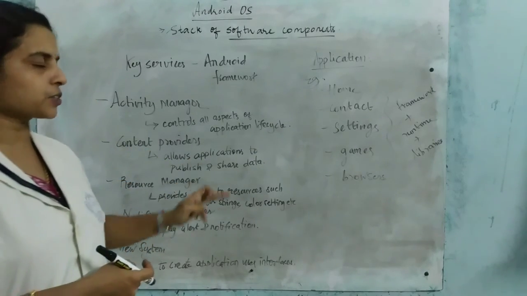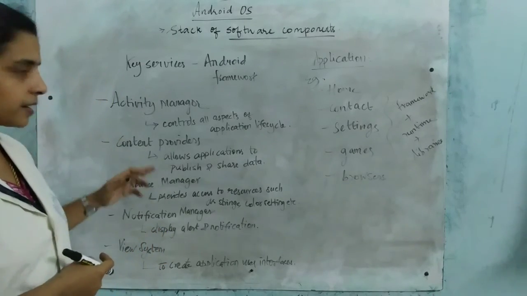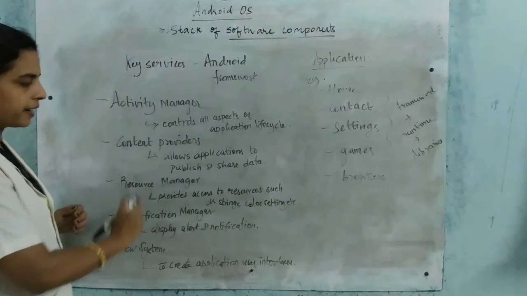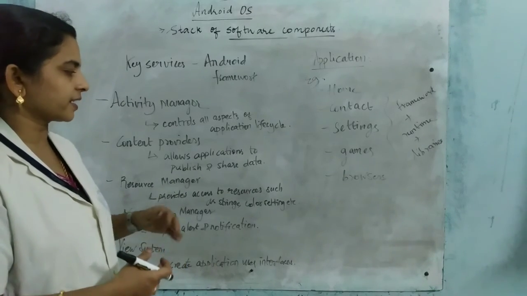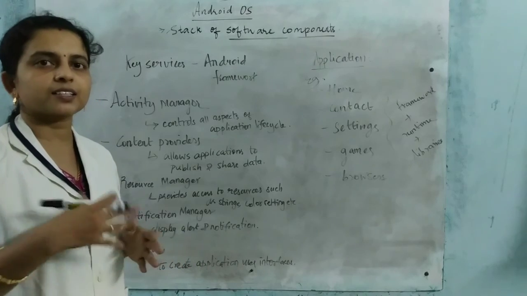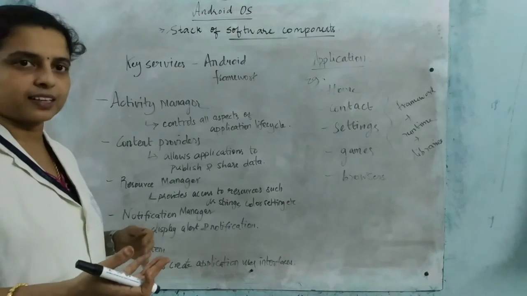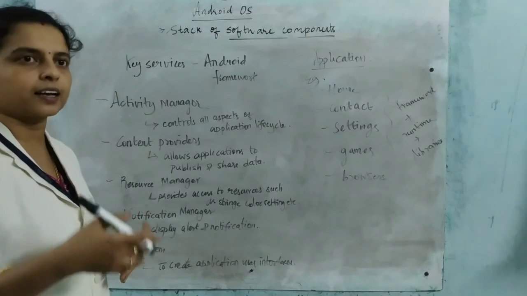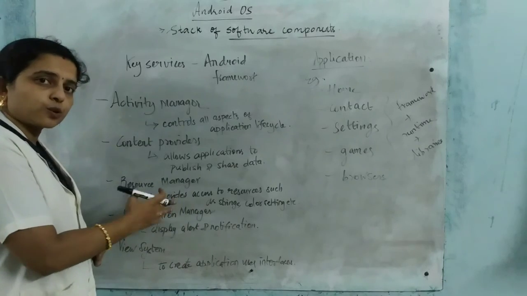It allows the application to publish and share data with other devices. Then resource manager. The resource manager will take care of some resources like strings, color settings. These are called non-coded resources like strings, color settings, and font settings. So all of these will be controlled by the resource manager.